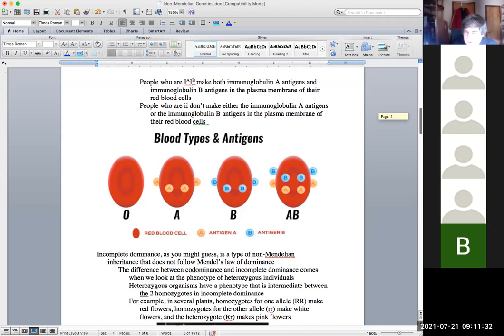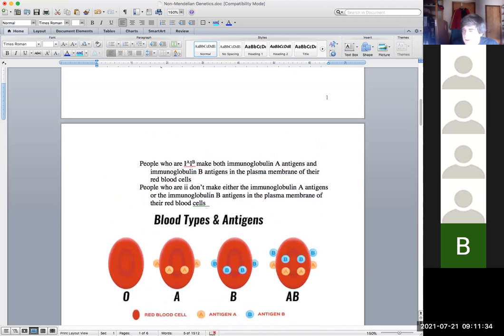So one of those isn't dominant and one of those isn't recessive. Usually when we're reading about something that shows codominance, the clue that we'll get is that they'll talk about individuals that are heterozygous, because individuals that are heterozygous have a different phenotype.